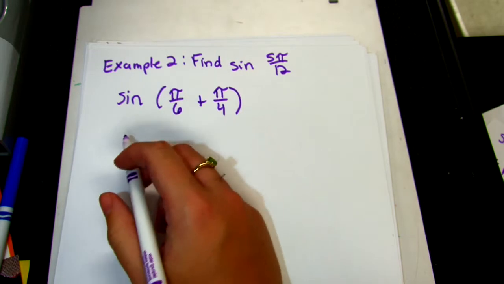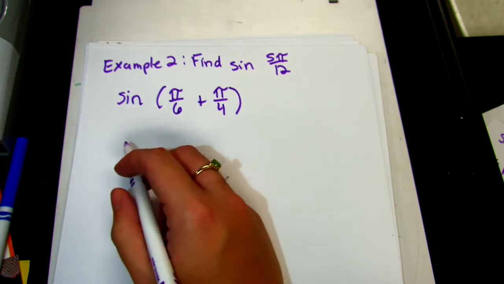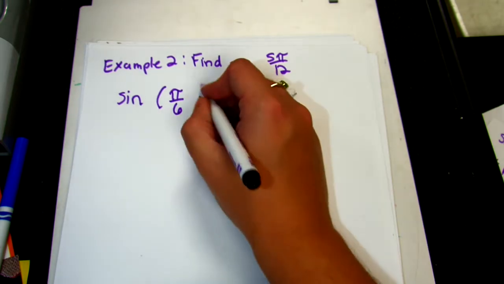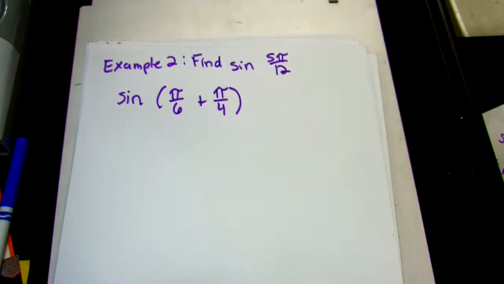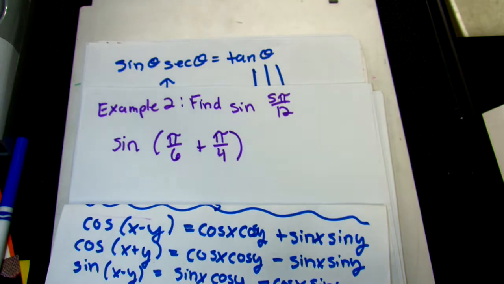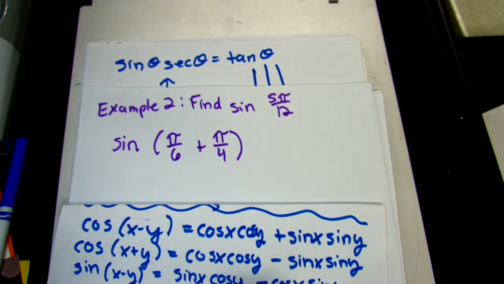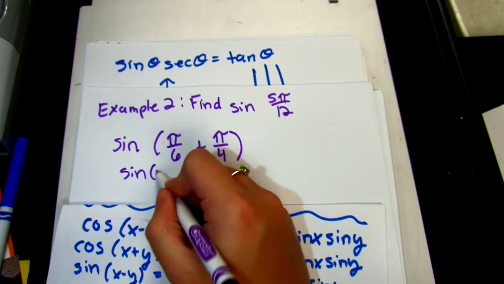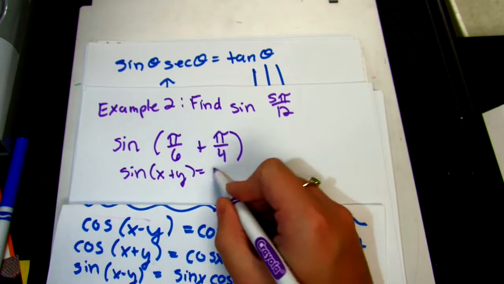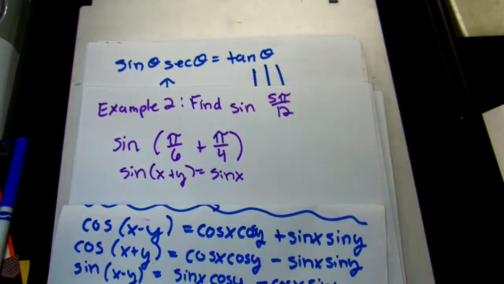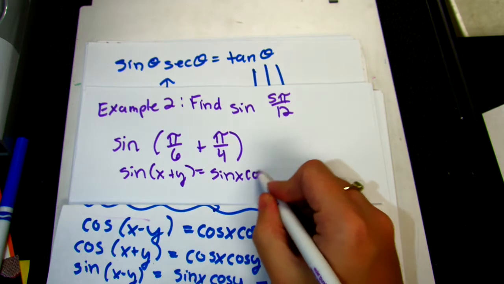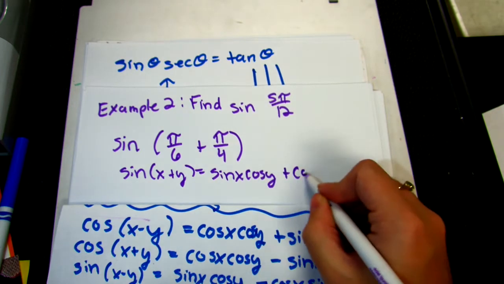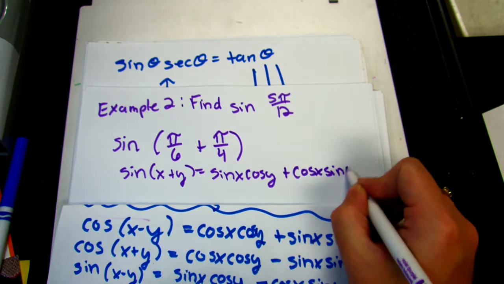Okay, great. And now I can use the sum for sine, right? So go to your identities. You're going to do the sum for sine, which was sine of x plus y is equal to sine x cosine y plus cosine x sine y.